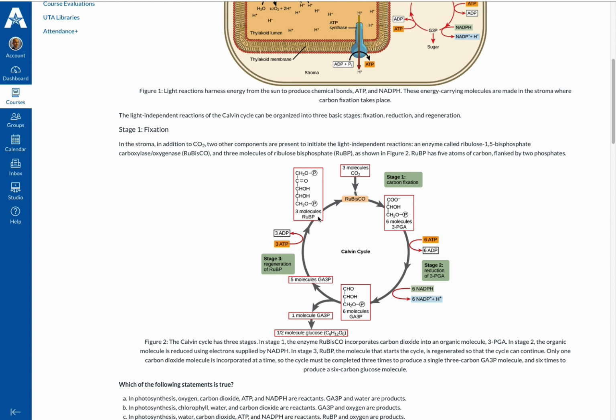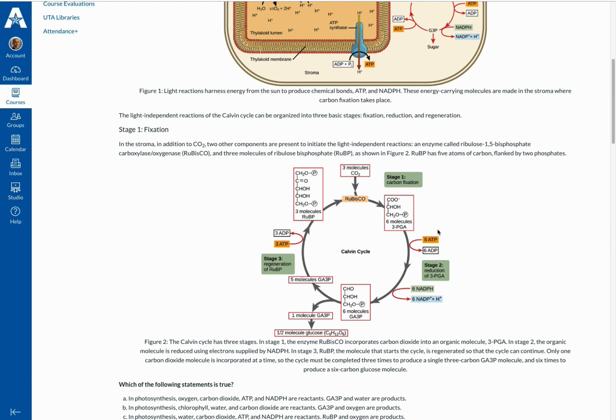Both ribulose bisphosphate and carbon dioxide react with an enzyme called rubisco, which is the most common enzyme on the planet. And they get fused together in a process called carbon fixation to make 3-PGA.